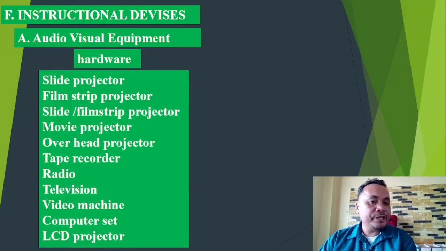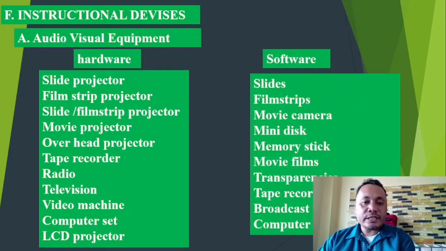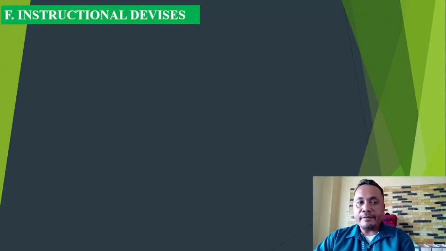Like slide projector, film strip projector, movie projector, overhead projector, tape recorder, radio, television, video machine, computer set, and LCD projector. And software are those slides, film strips, movie camera, mini disc, memory stick, movie films, transparencies, tape recordings, broadcast, computer programs.